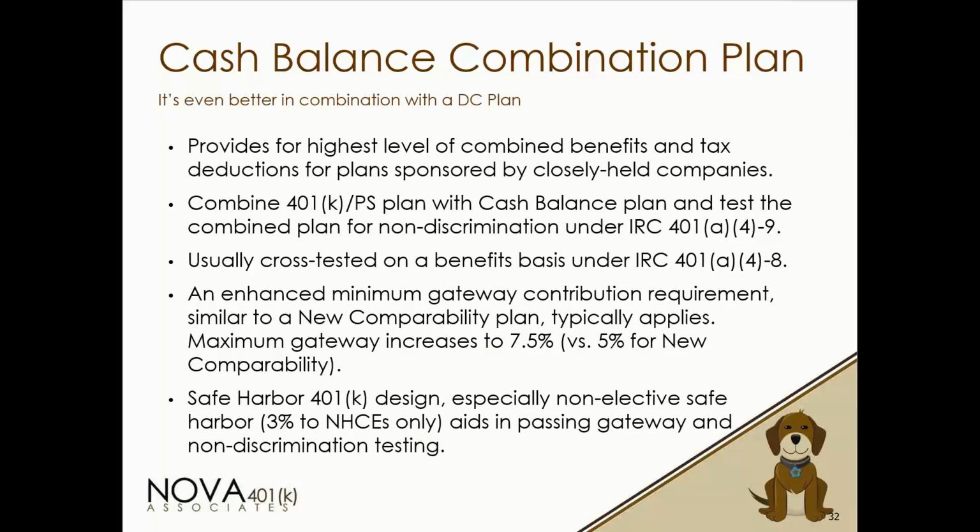And then, as I mentioned, we'll typically put in a safe harbor 401k, the safe harbor non-elective to the NHCEs. That helps with the gateway, and it also helps with the non-discrimination testing. By excluding the HCEs, we have the ability to give them additional profit sharing if we want to.